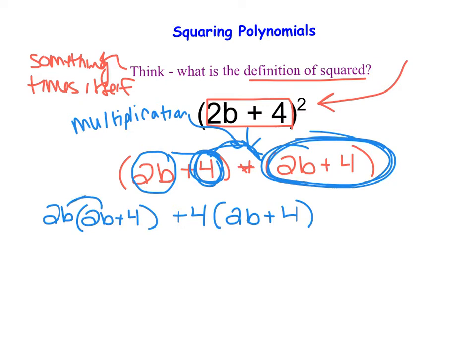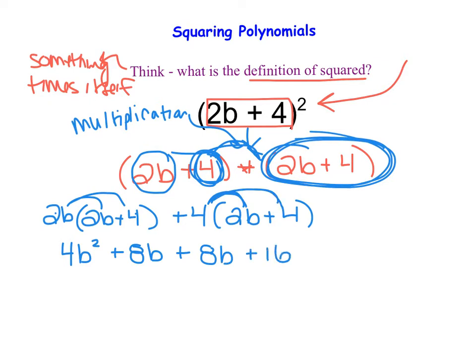And now we're going to actually apply these distributions. So take each term in the first parenthesis and multiply it by each term in the second. So 2b times 2b becomes 2 times 2 is 4, b times b is b squared, plus 2 times 4 is 8, and that has a b on it, plus 4 times 2 is 8, and there's a b there as well, and then 4 times 4 is 16.